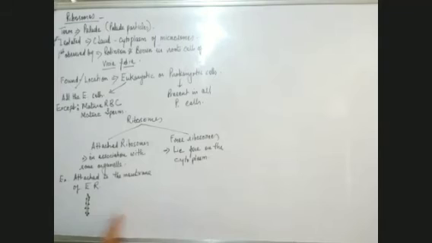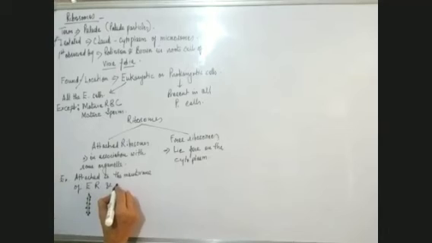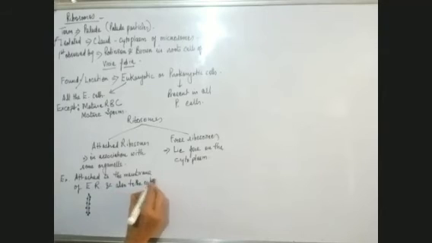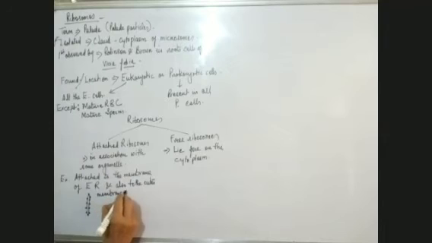So the ribosomes are attached to the membrane of the endoplasmic reticulum and also to the outer membrane of the nucleus, which I made like this yesterday.